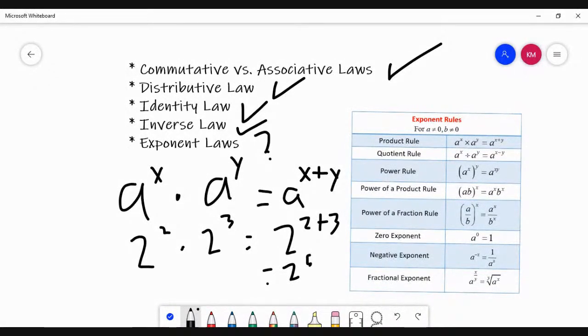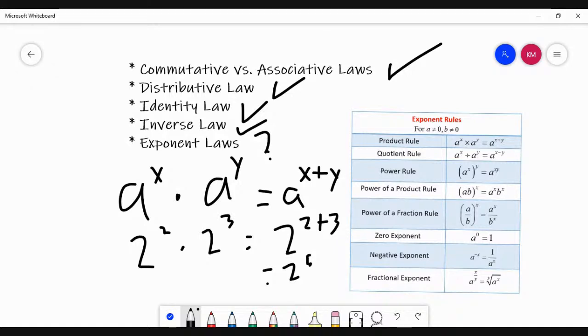So, when you are doing the product rule of the exponent law, know that the bases must be exactly the same for you to add their exponents together.